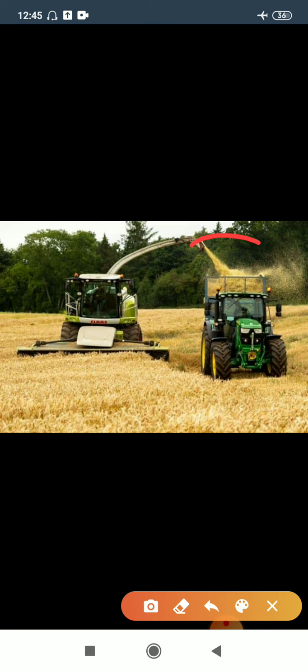After that you can observe here food grains and husk, they both are mixed in this machine. But after that, with the help of a winnowing fan, we can separate this husk from the grains.